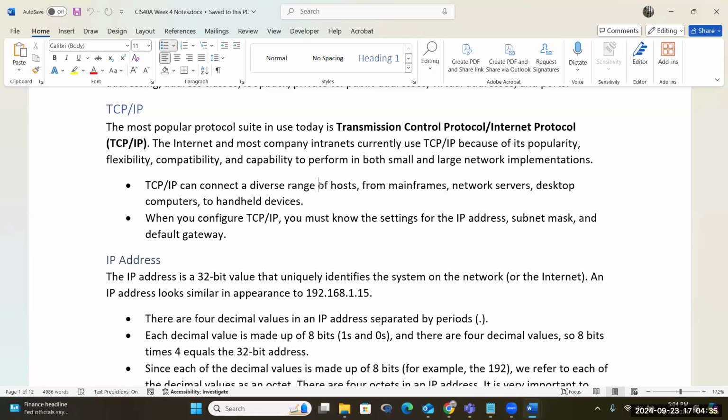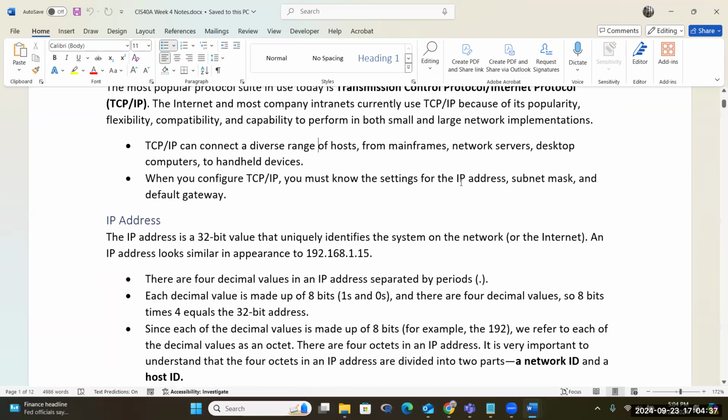Okay. Now with the IP address, we're going to talk a little bit about the subnet mask. That's kind of like the zip code of your system, right? It narrows down what segment of the network is communicating. And then the default gateway, that's often the router. It doesn't always have to be, but 99% of the time, it's going to be your router, your edge router.